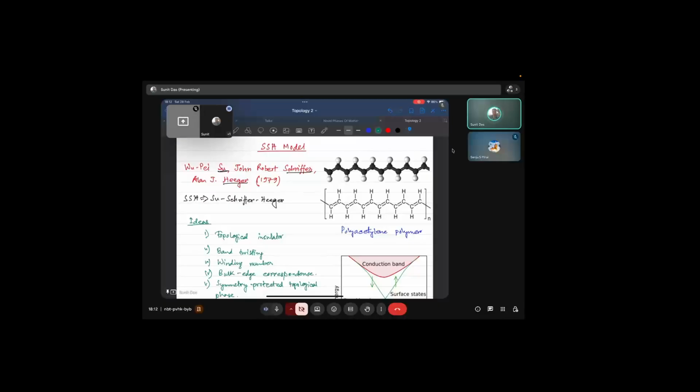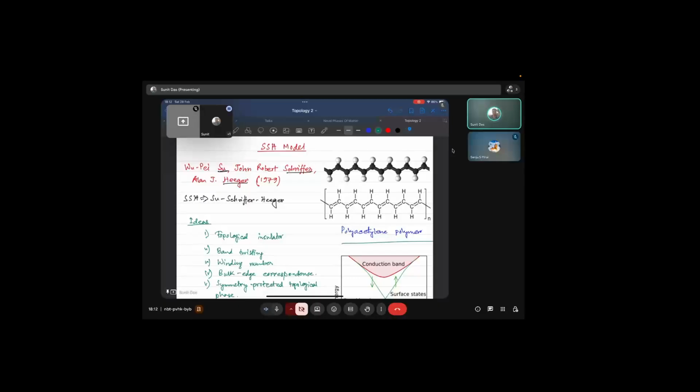So this was a model proposed by these three gentlemen, Wu Pei Su, John Robert Schrieffer, and Alan J. Heeger, in 1979. They used this model to explain the increase in conductivity in the polyacetylene polymer, which looks like this, right?